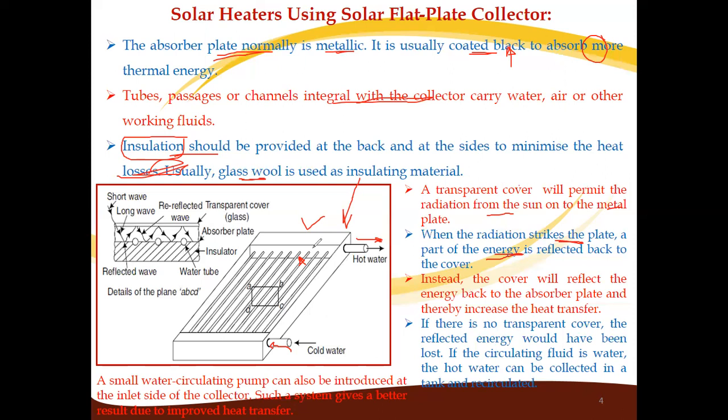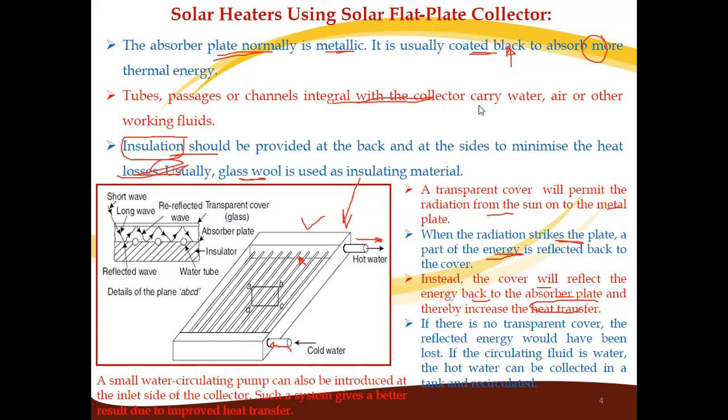As the reflected radiation has a higher wavelength, it will not go out to the atmosphere. Instead, the cover will reflect the energy back to the absorber plate, where it again absorbs the radiation from the sun, and that will increase the heat transfer rate.